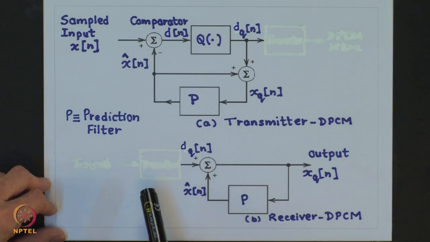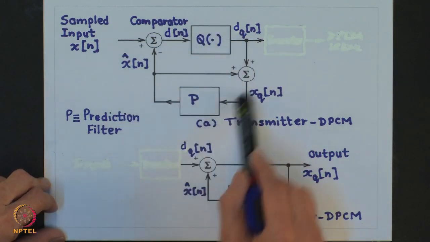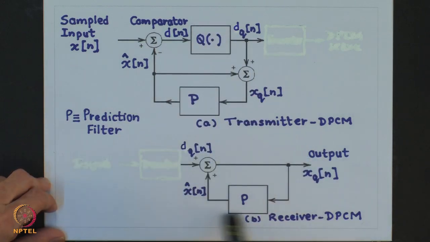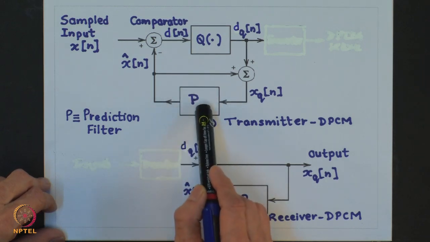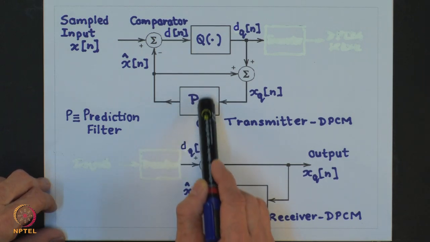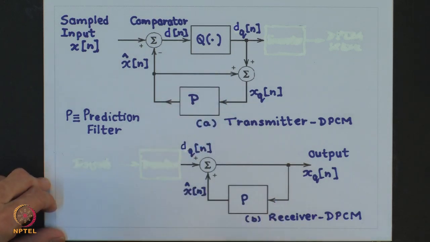So, let me just show you this slide which we had studied last time also. This is the transmitter end of the DPCM and this is the receiver end of the DPCM, and we have this block which we call the prediction filter block, which is there both at the transmitter end and at the receiver end.